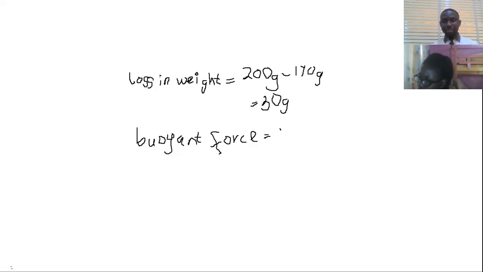What will it be? Are you still confused? Yes, it will still be 30, but just convert it to newtons, because of the unit. Maybe you were scared of the unit because it was in grams. It will still be 30, because buoyant force is the same thing as upward force.